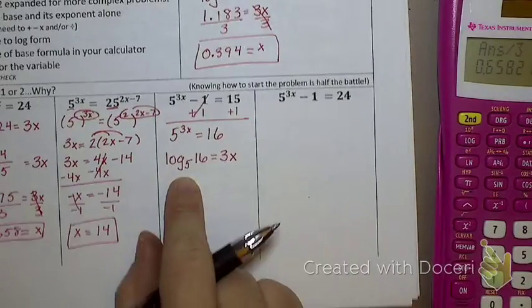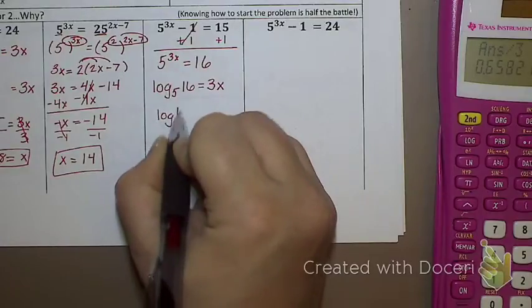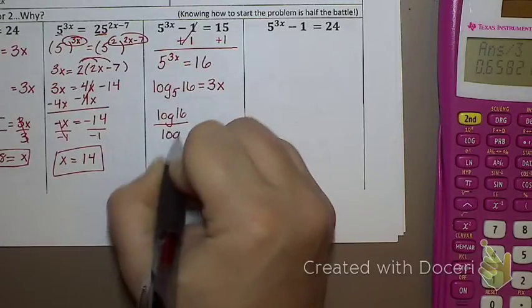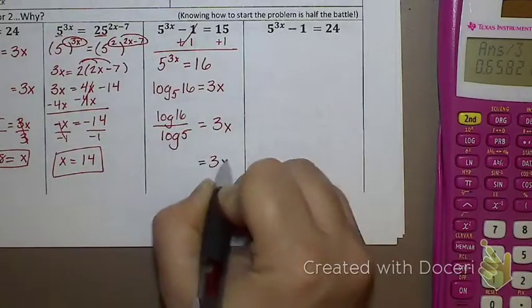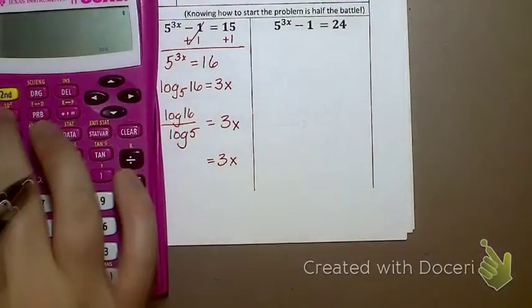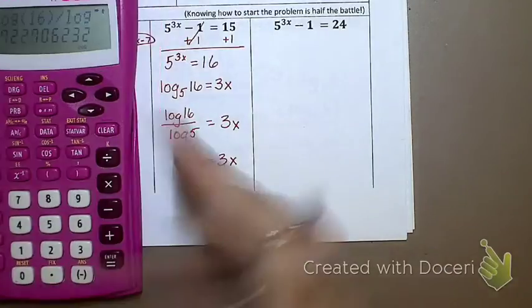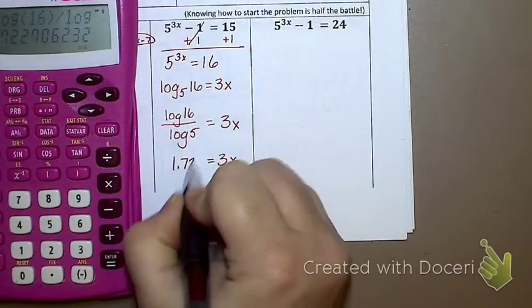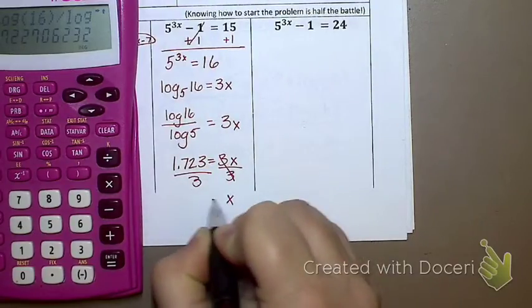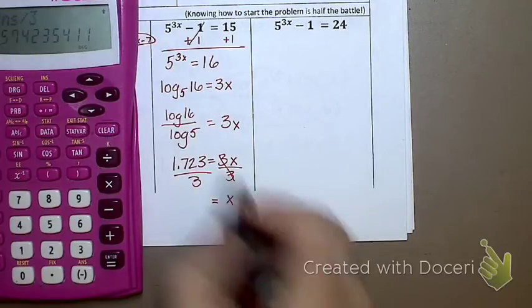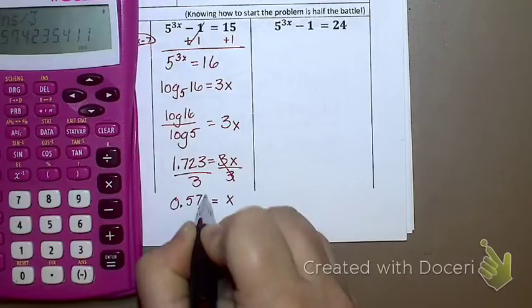How do I solve log base 5 of 16? Change of base. Log 16 divided by log 5 equals 3x. So let's see what log 16 divided by log 5 is. It's 1.723. Divide both sides by 3, and x equals 0.5742, which would be 0.574.